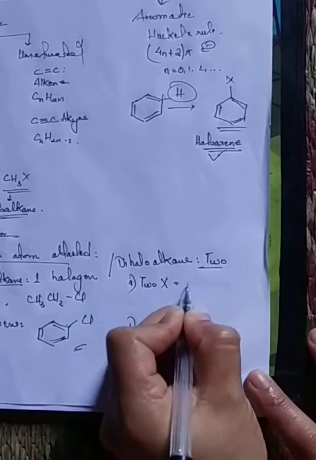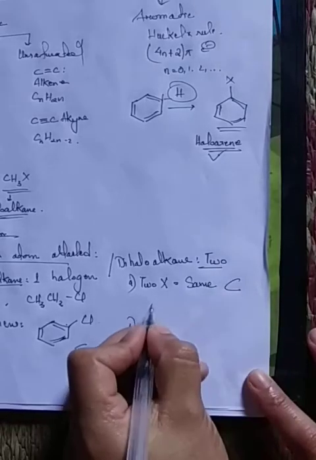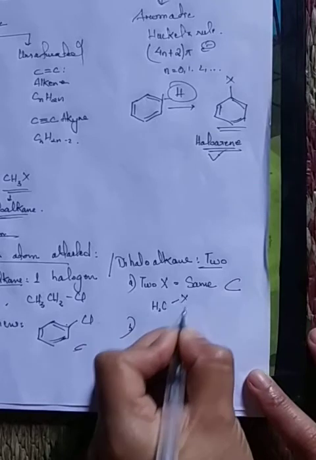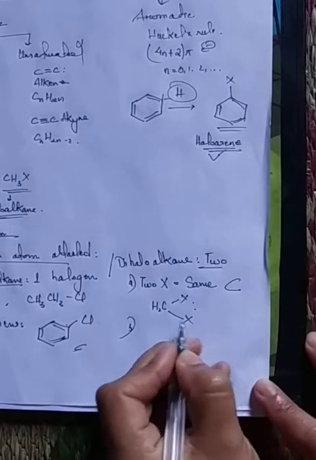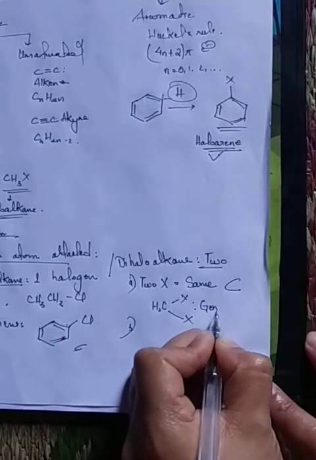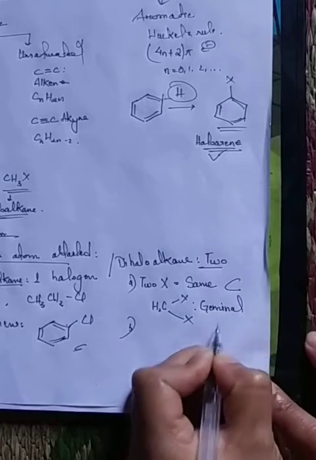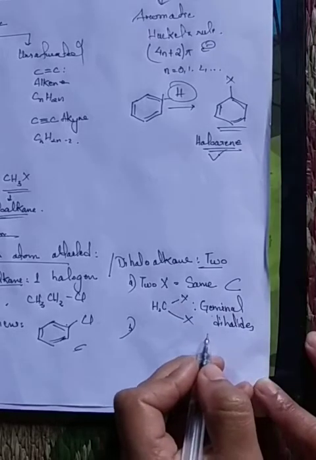If the 2 halogen atoms are attached to the same carbon atom, they are known as geminal dihalides, or also known as gem dihalides.